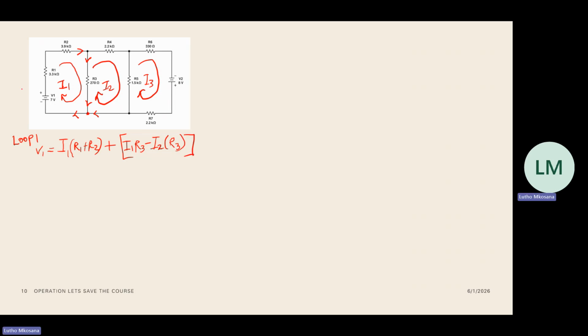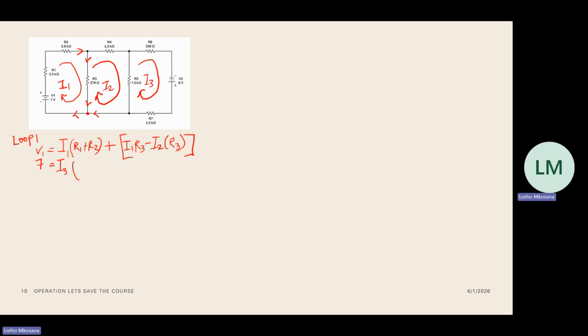So now if we put in our known values, we are going to have 7 is equal to I1 times the sum of 3.3 kilo ohms plus 3.9 kilo ohms.